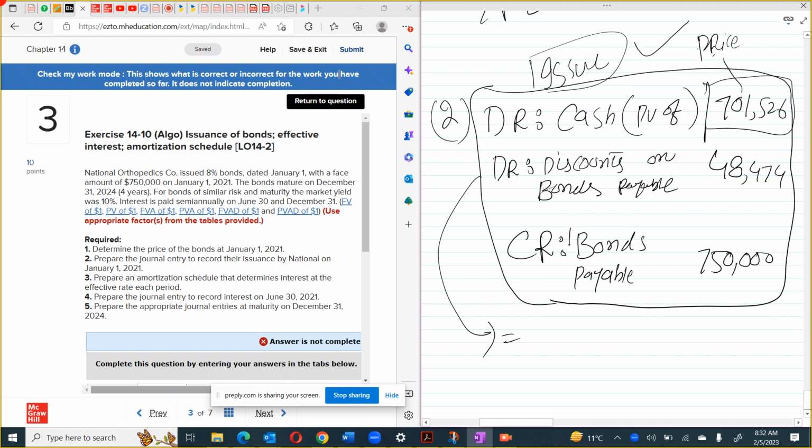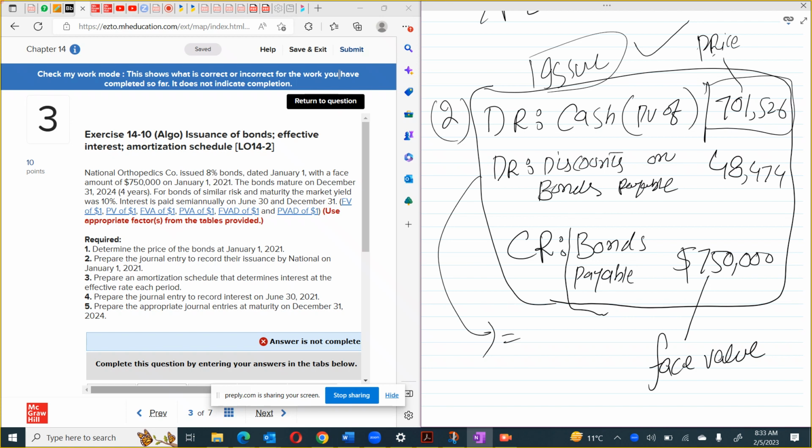You will credit bonds payable with the face value. And what you will debit? The difference between the cash and the bonds payable. You will debit the discounts on bonds payable. Got it?